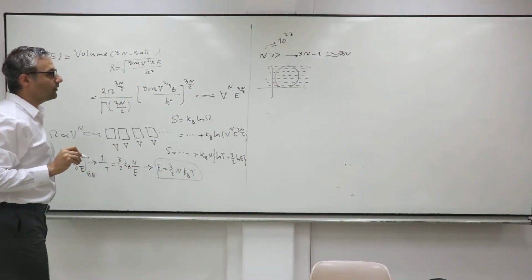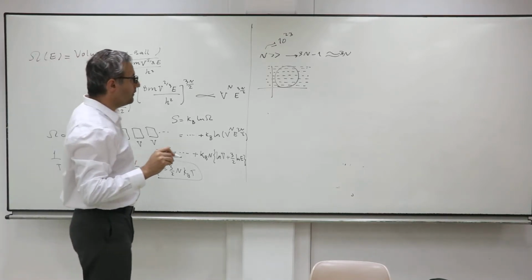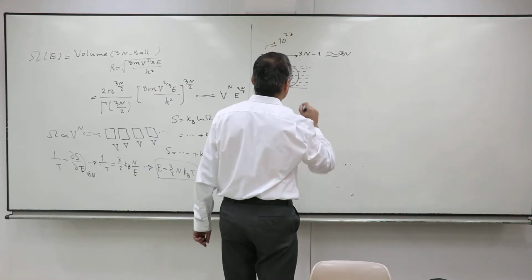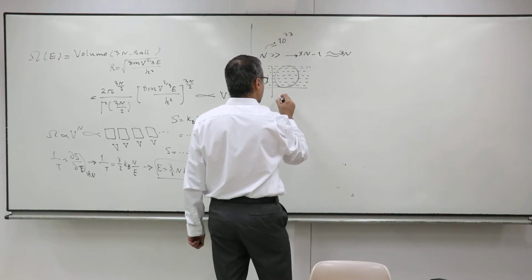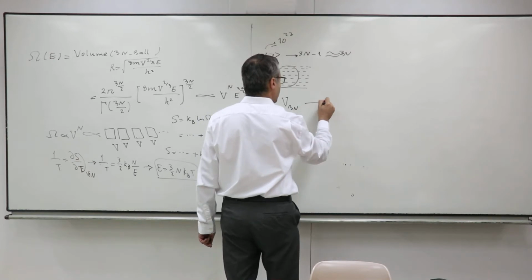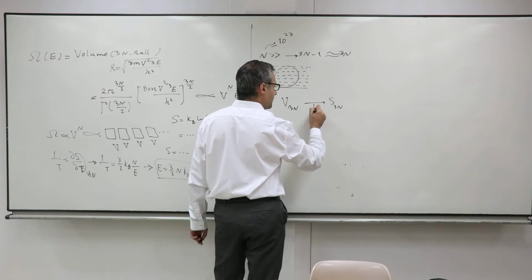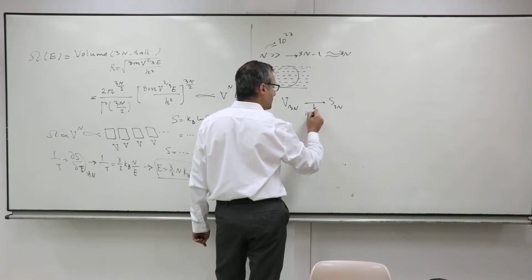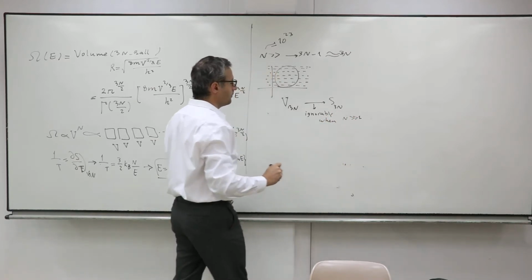But as I mentioned before, at a large number of particles, there is no difference between the area and the volume. There is some difference between V^(3n) and S^(3n), but it is ignorable when n is very big.